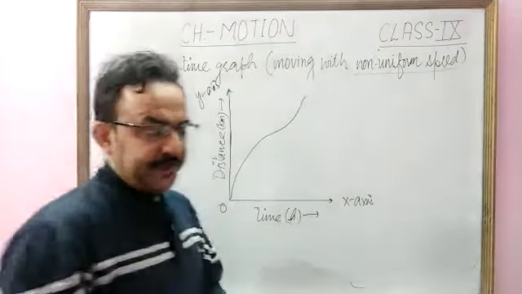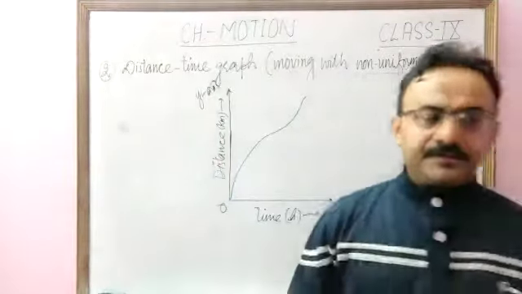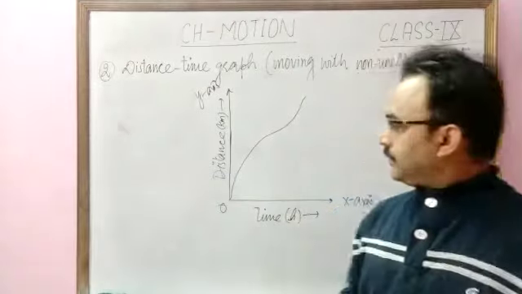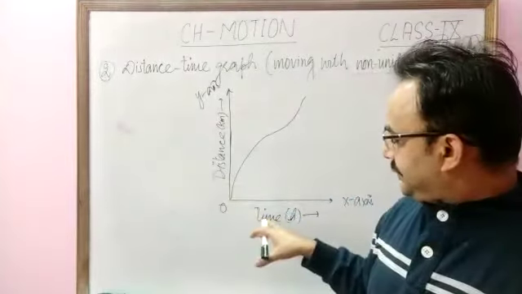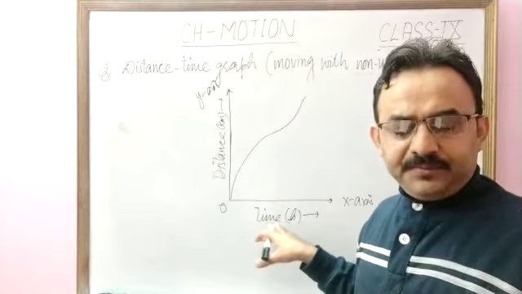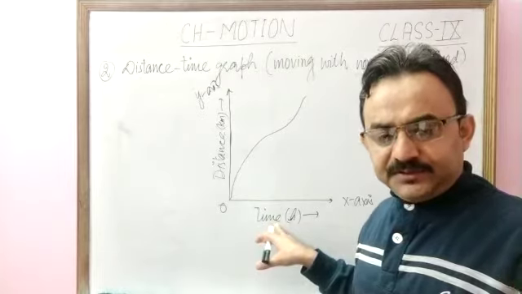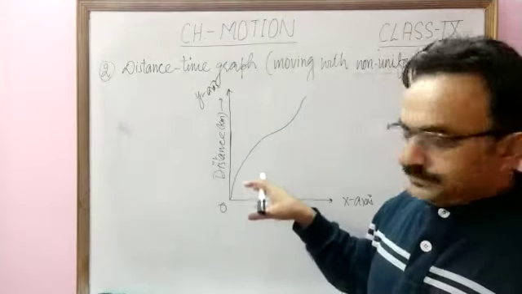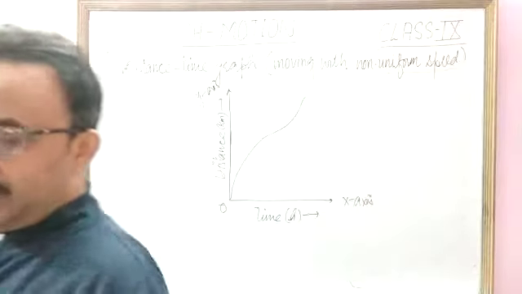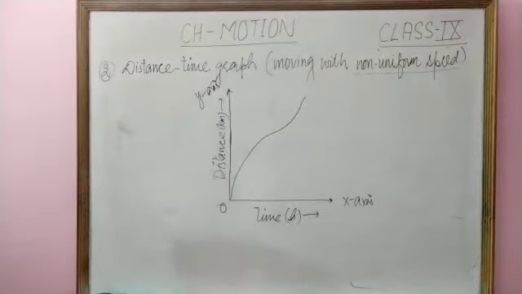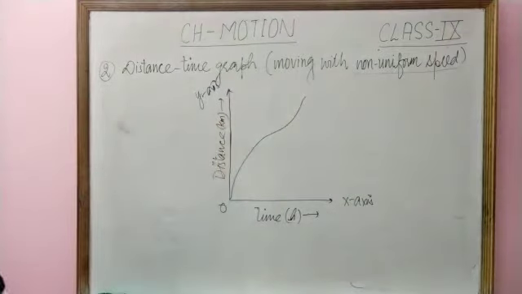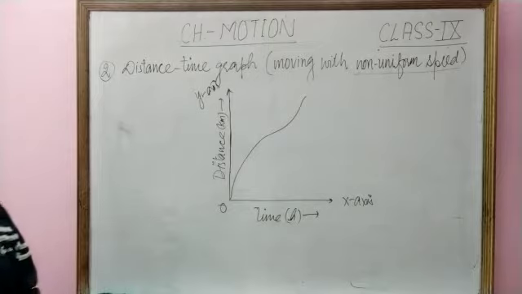Okay, sometimes they give the question with specific values of distances and time also. At that time, according to the values given in the question, you have to mark them on the graph paper, and then draw the graph, whatever the nature and path of the graph is. Clear?